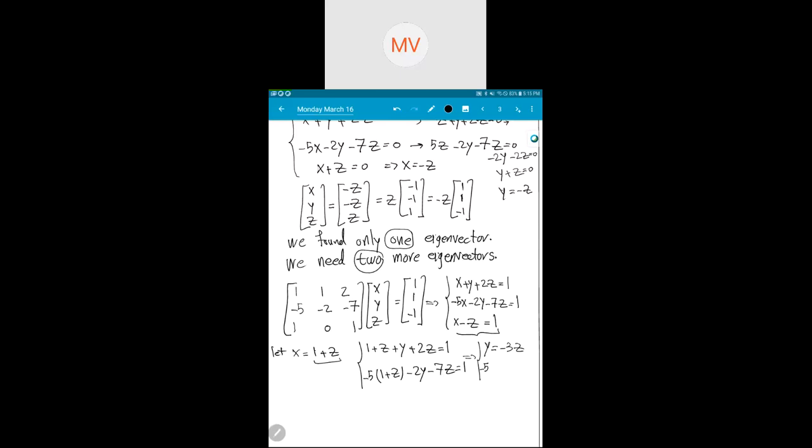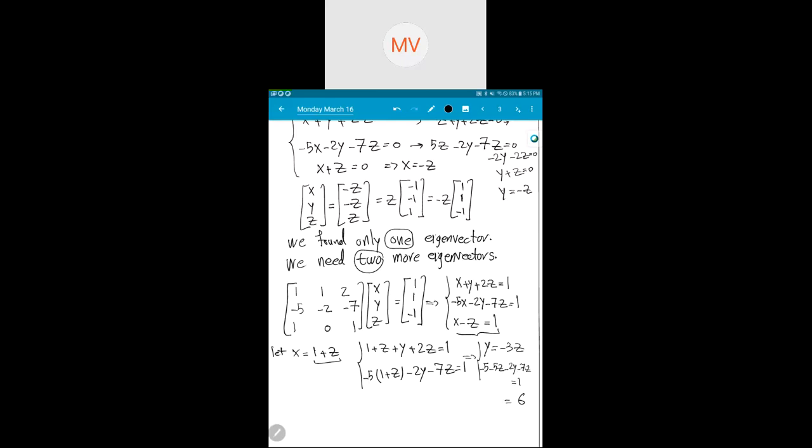So in this one, we get negative 5, negative 5z, negative 2y minus 7z equals 1. What do we get for this guy? So we have negative 5. Let's bring it to the other side. We get 6.